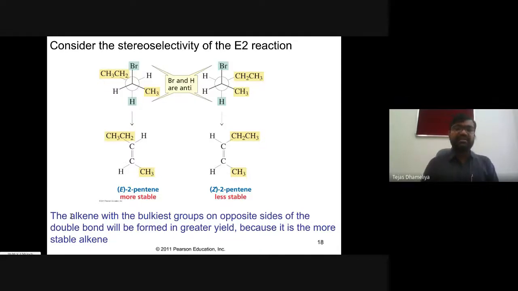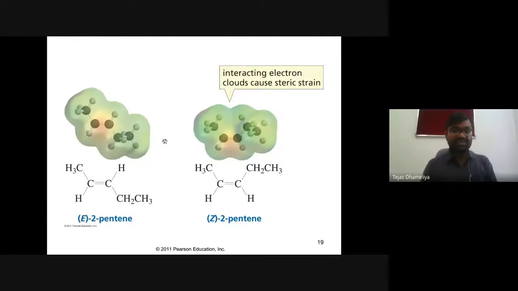So this is how the stereochemistry of the E2 reaction is explained. You can see that when the methyl and ethyl groups are apart from each other, there is stability in the molecule. This is the two-dimensional structure, and this is the three-dimensional structure, a kind of molecular electrostatic potential surface of the molecule.